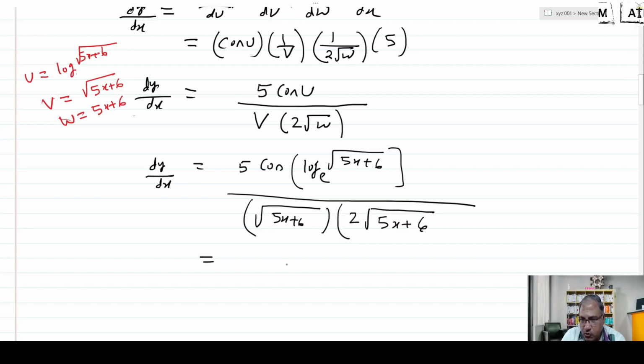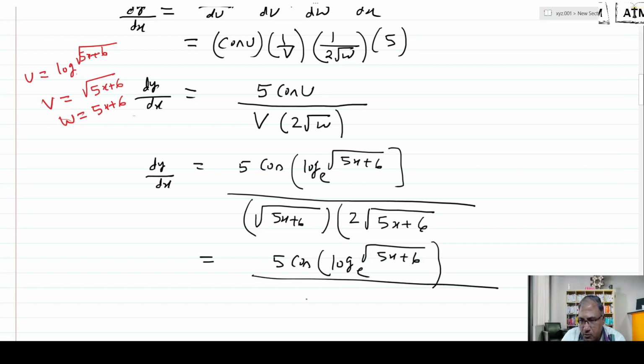The root has come twice, therefore 5 cos of log root 5x plus 6 to the base e upon 2 of 5x plus 6. This is the required result.